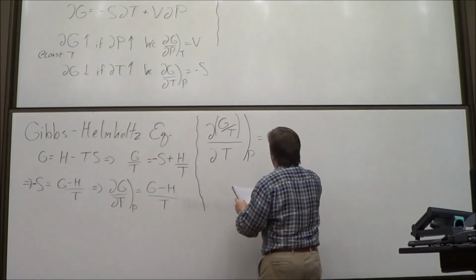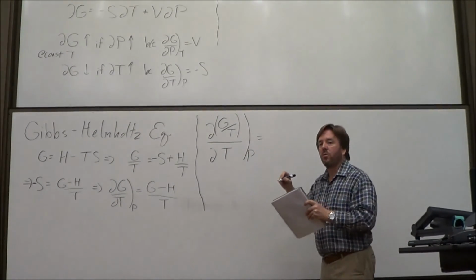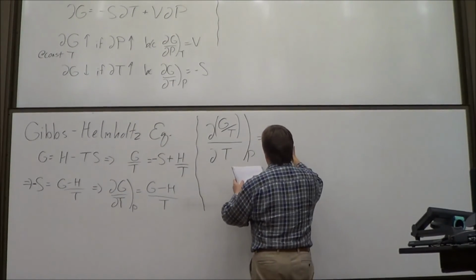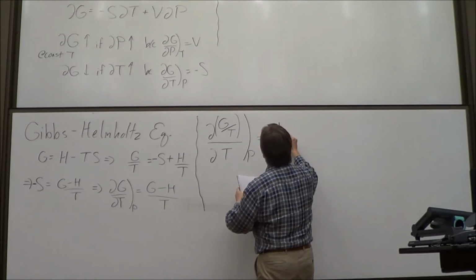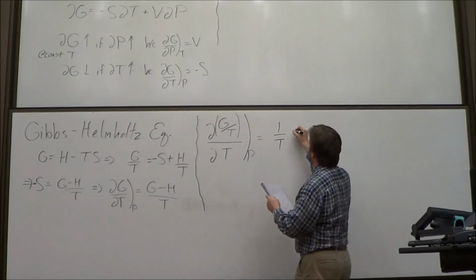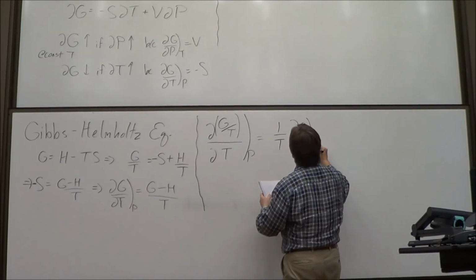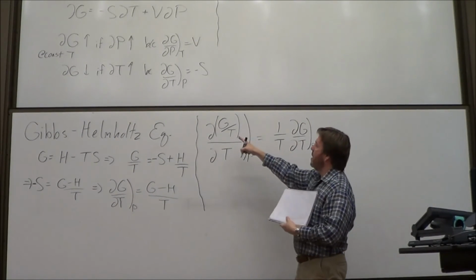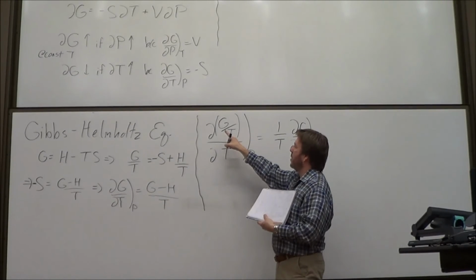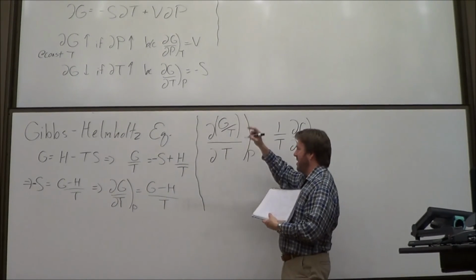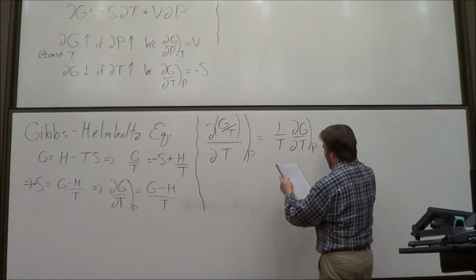Okay, now the thing to do is to note that I've got a product rule issue going on here. So I'm going to leave one function alone, which is 1 over t, and do the derivative of the other, which is dg dt. And again, I'm defining this at constant p. So remember, this is f times g, where f is 1 over t and g is g. So I did that for a reason.